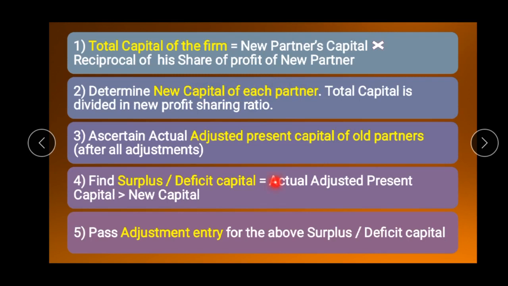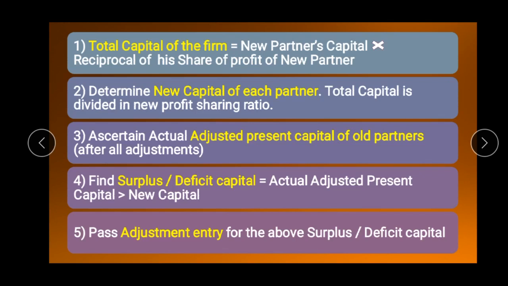And if actual adjusted present capital is more than the new capital, it means there is a surplus, and if actual adjusted present capital is less than the new capital, it means there is a deficit. And in the last, we have to pass the adjustment entry for the above surplus or deficit.